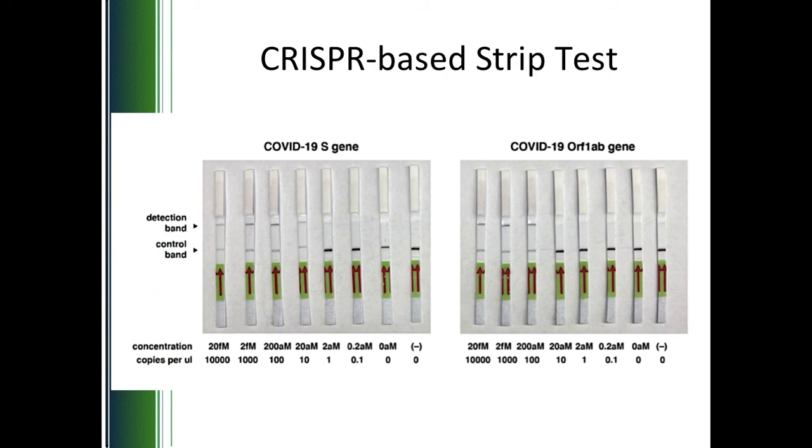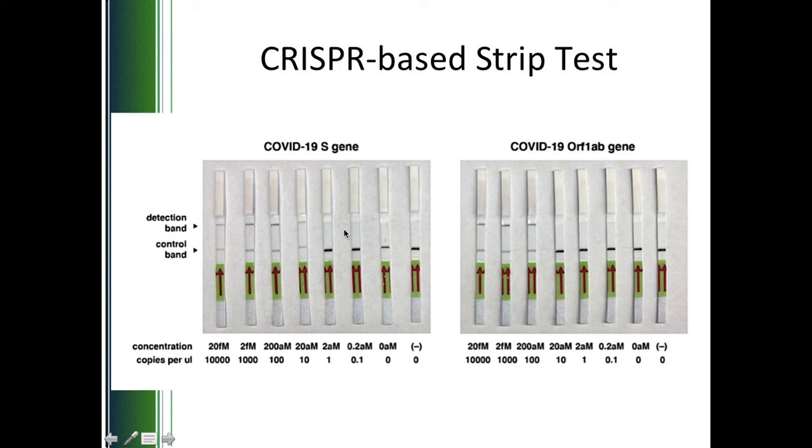There are tests being developed which are not based on any such DNA amplification. These tests are based on a gene editing technique known as CRISPR. We are all aware that CRISPR-Cas9 is a revolutionary DNA editing tool, but the same DNA editing enzymes can be used with specific probes to identify sequences present in the sample.